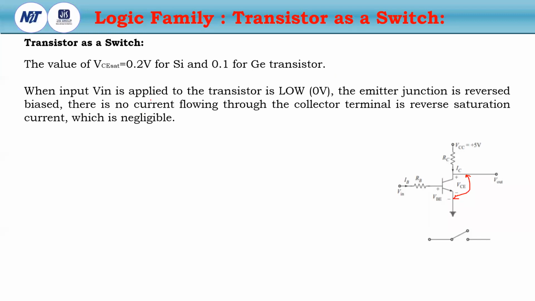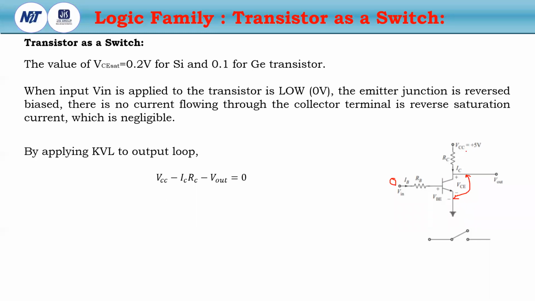When the input Vin applied to the transistor is low, that means 0 volt, the emitter junction is reverse biased. Clear? Because this is 0 and this is 0. So there is no current flowing through the collector terminal except the reverse saturation current, which is very much negligible.